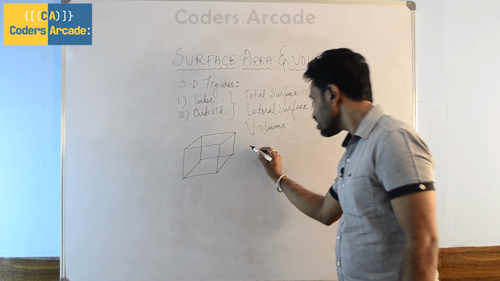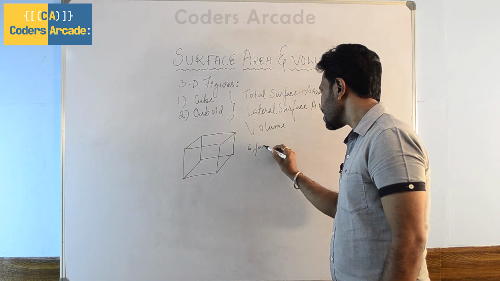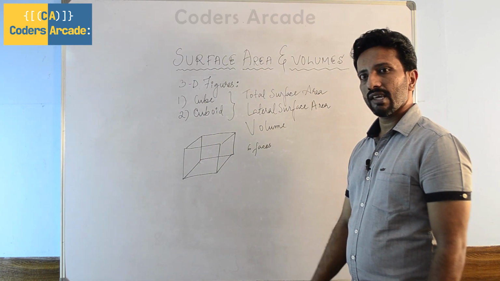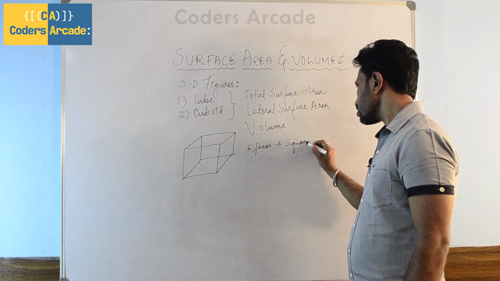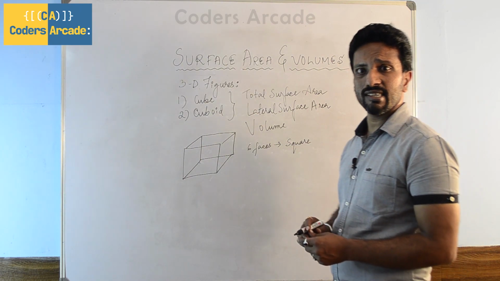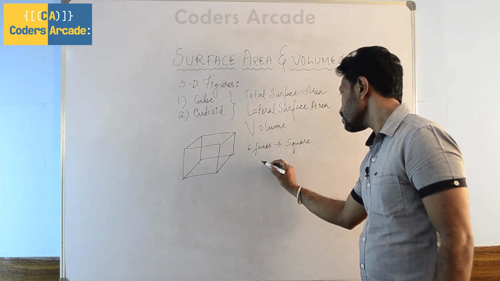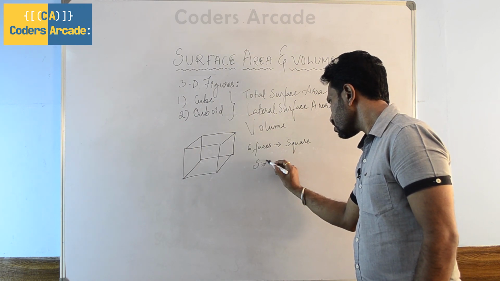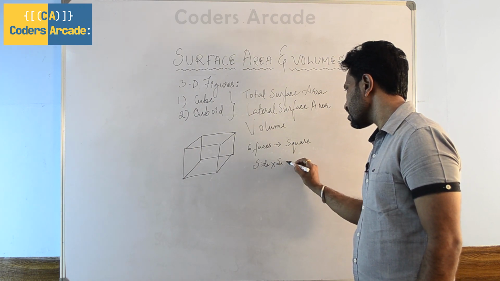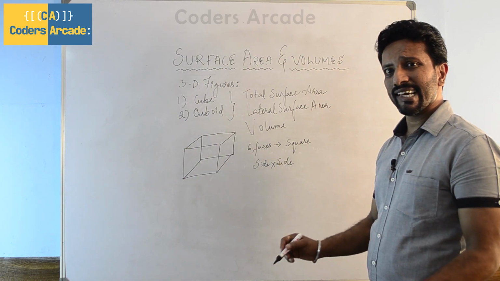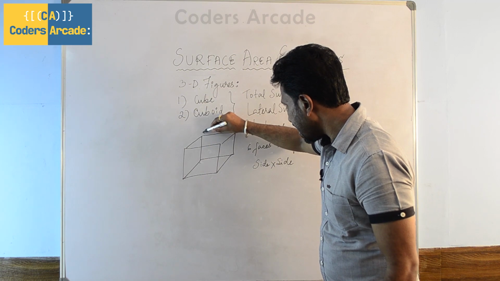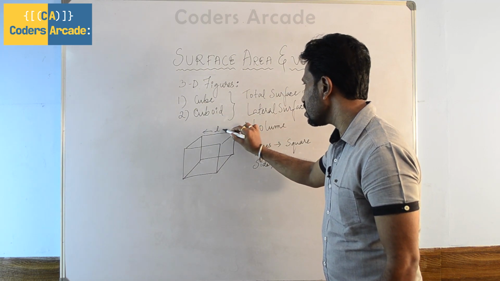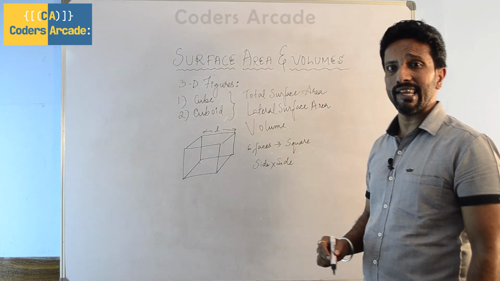Now there are 6 faces and each face is actually a square, and we know that the area of a square is side into side. Let us take each edge to be L, the length of each edge to be L.